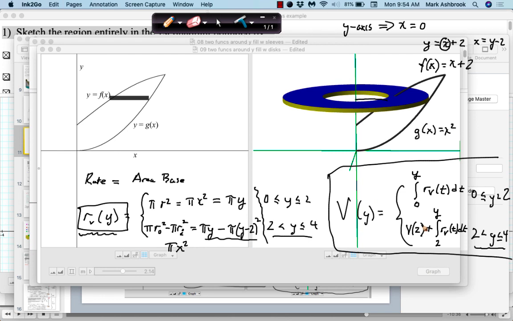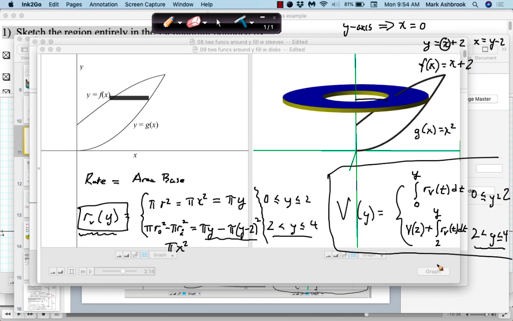Would it do that automatically? No, yes, you do need to do it piecewise, because if you just put this from 0 to 4, or 0 to y, I'd have to think about that. Do it this way. But I don't think it'll work, but just on the spot I can't think of it.